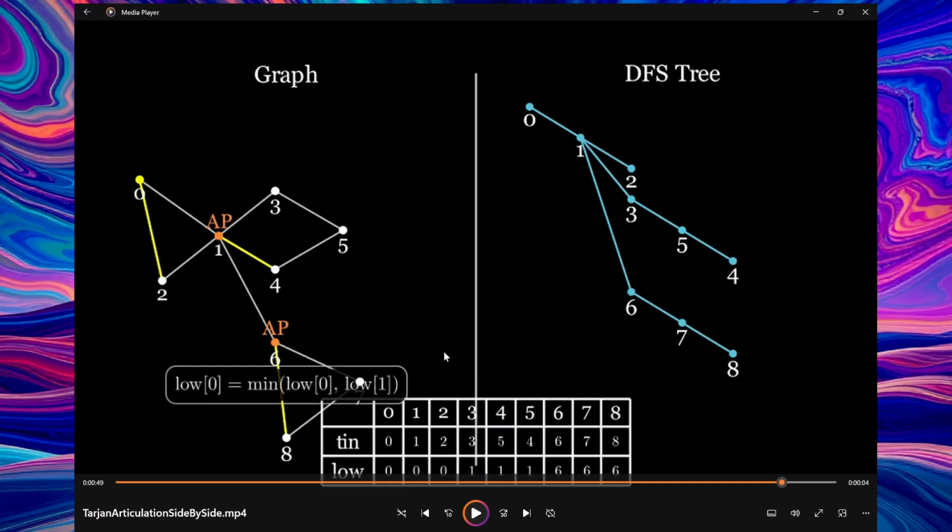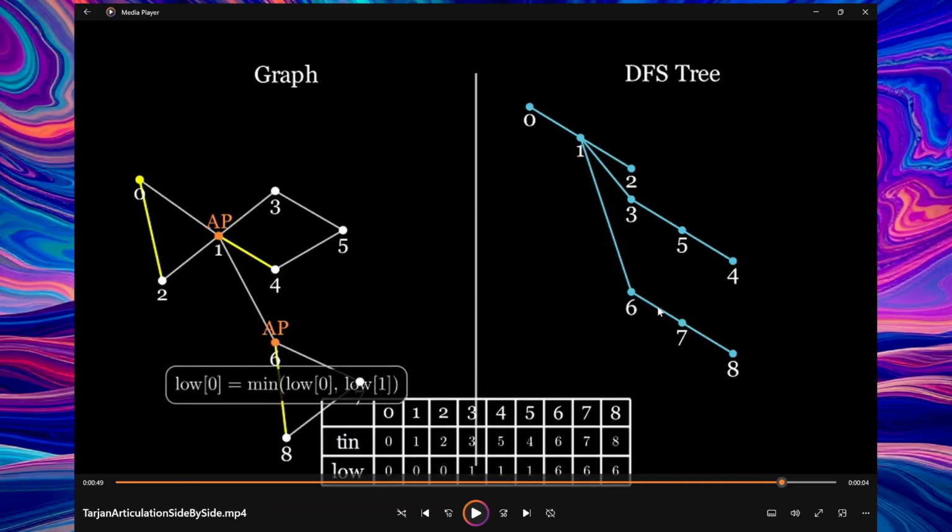But what happens is in the DFS tree, we reach 6 first, so it's just a property of the depth first search that everything you find afterwards, if the earliest you could have found it is no higher than its ancestor in the DFS tree, that means there's no escape.